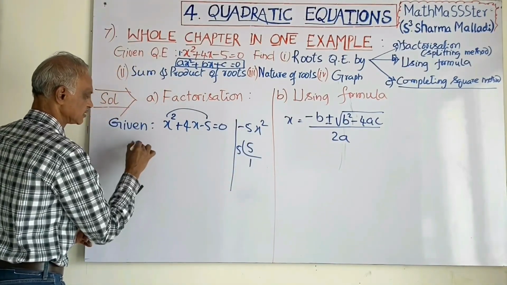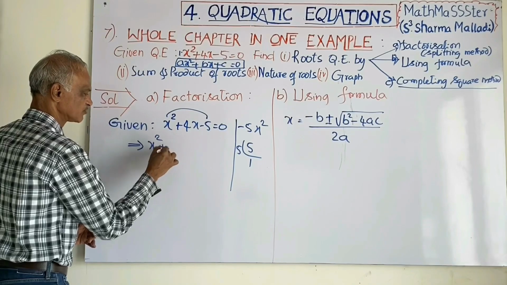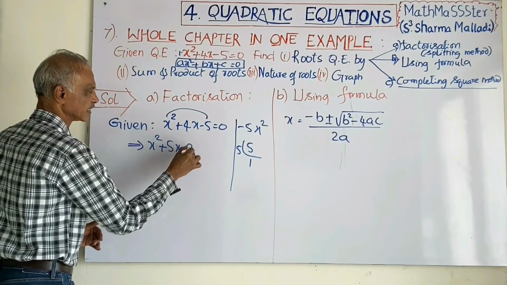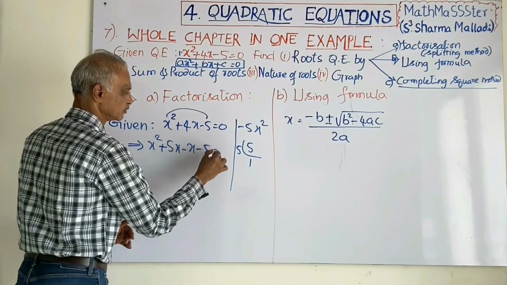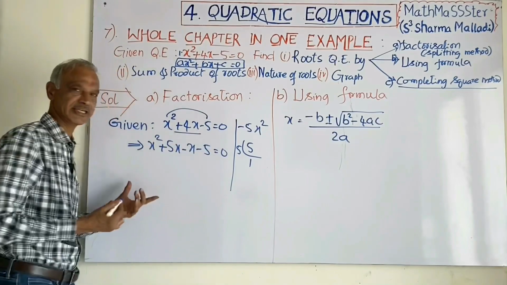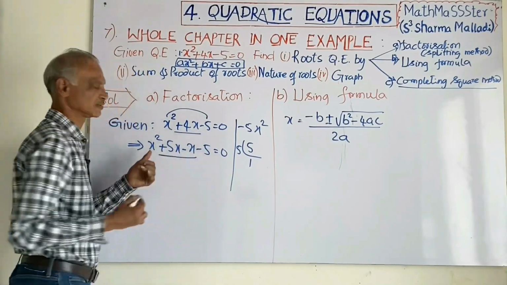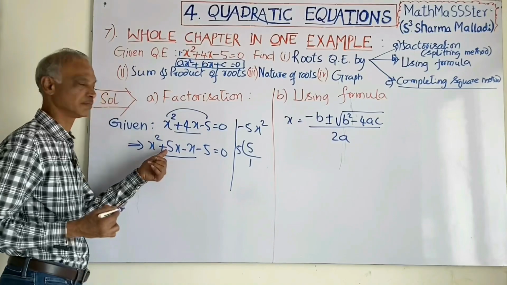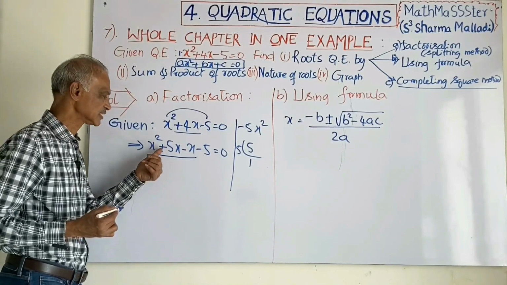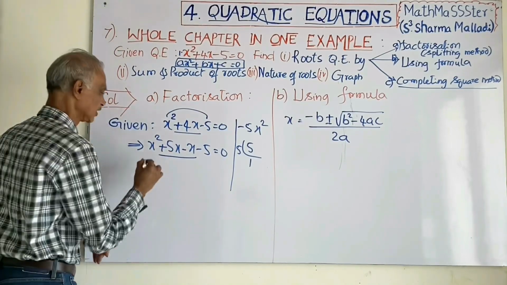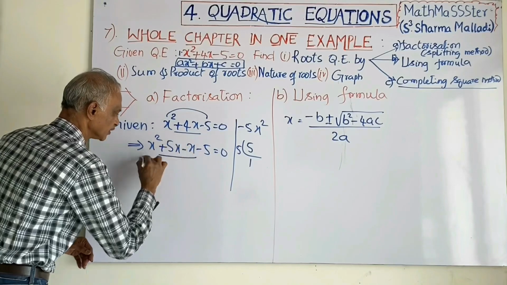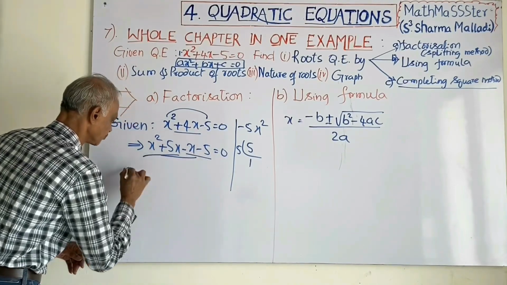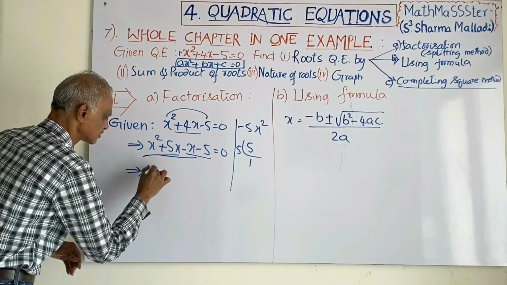It can be written as x square plus 5x minus x minus 5 is equal to 0. I split 4x as 5x minus x, because here plus is there, for the bigger number you have to put a plus sign before 5x. Now you take these two and these two, and take x common.